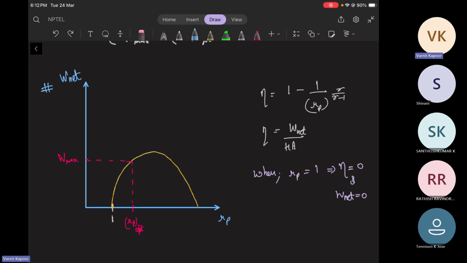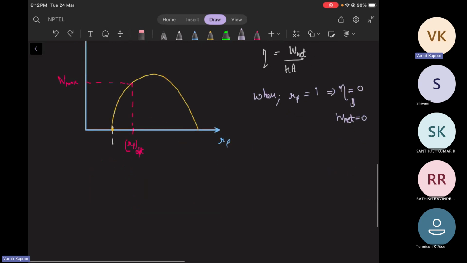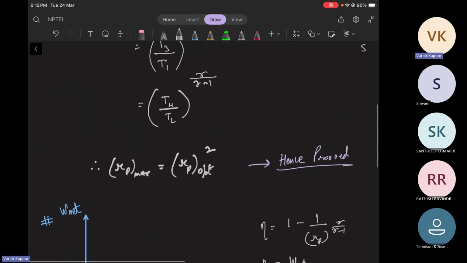And if I say my RP maximum condition, when my RP is maximum, we have derived this expression: RP maximum is the square of RP optimum.